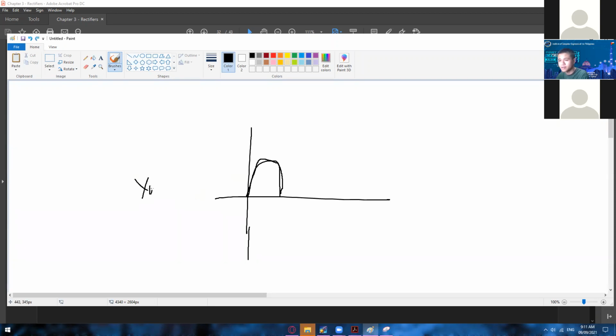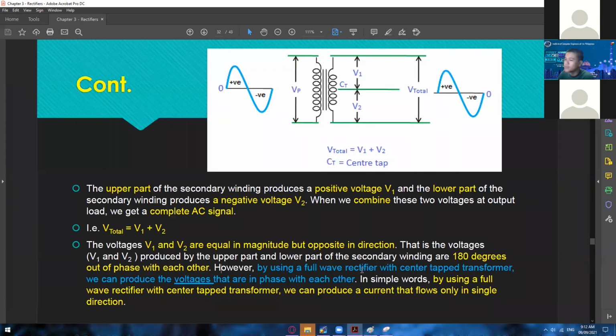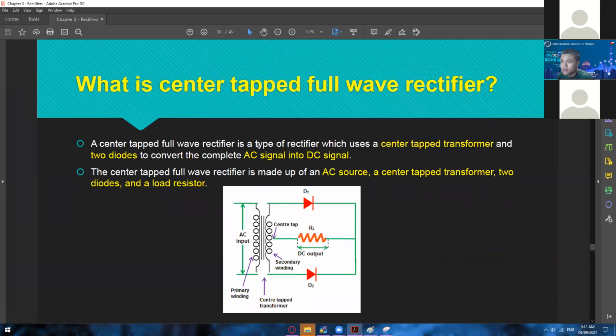So if you have a V1 which is equal to 20 volts, since positive and negative were combined with each other, we can have a V peak or V max equal to 40 volts. So that is one characteristic of a center tap rectifier.